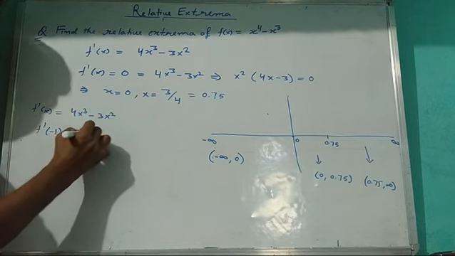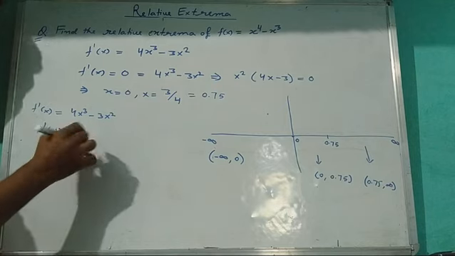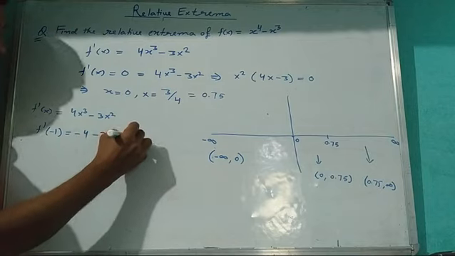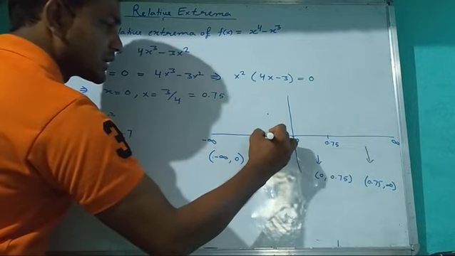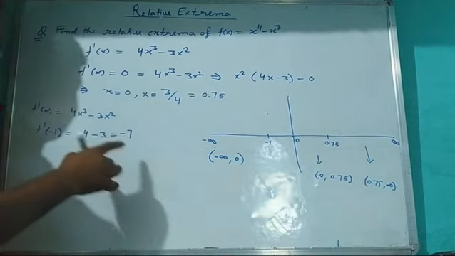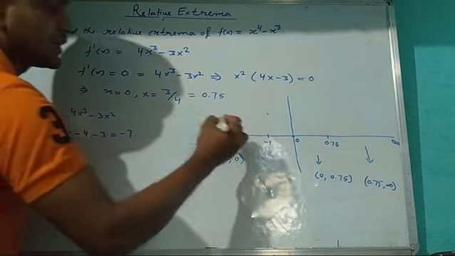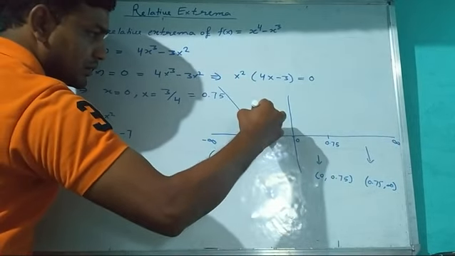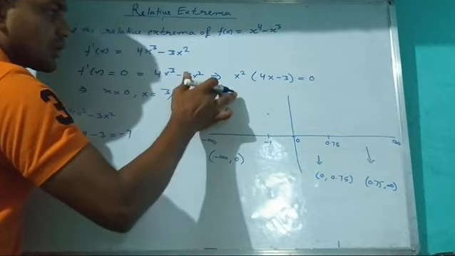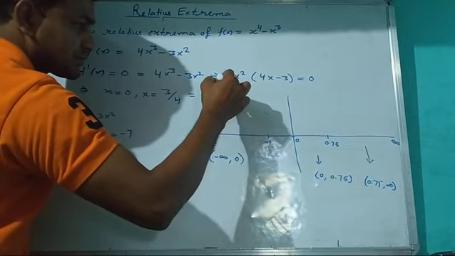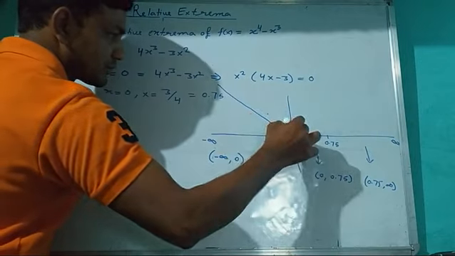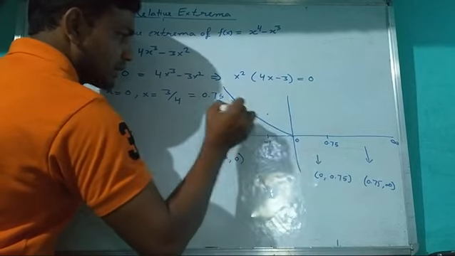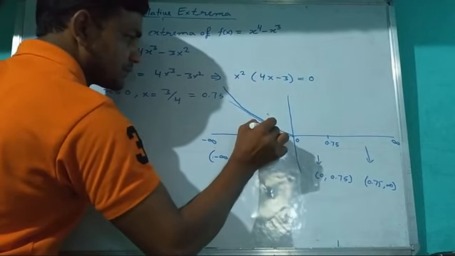Then 4 times minus 1 to the power 3 is minus 4, minus 3, which equals minus 7. It means at minus 1 the slope is negative.